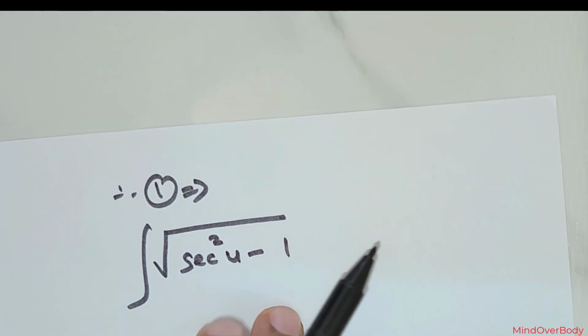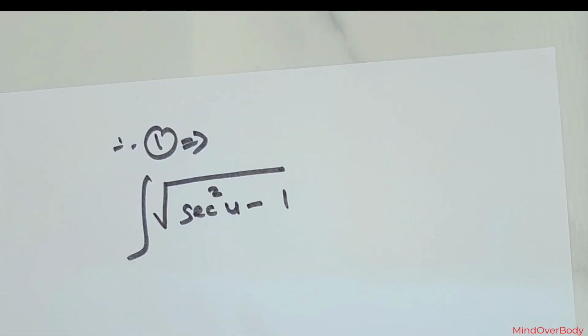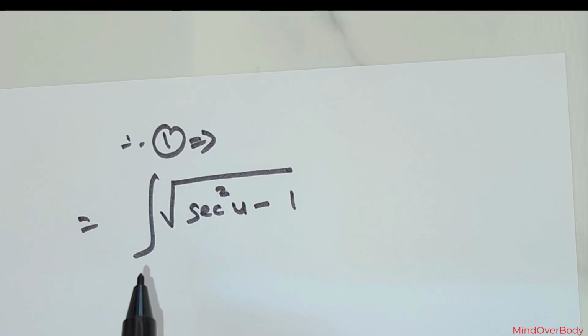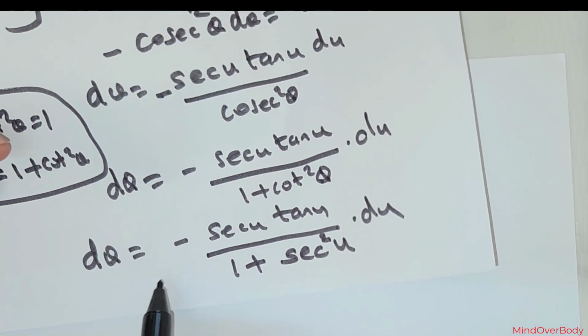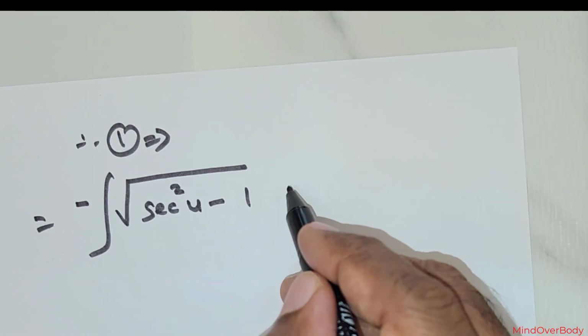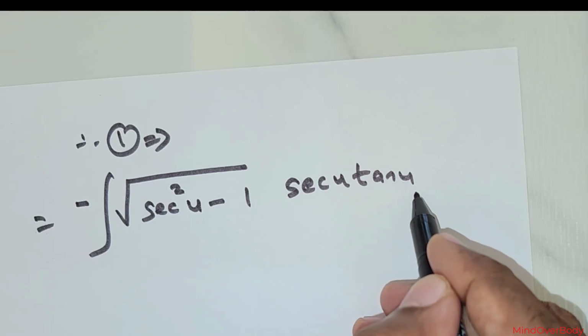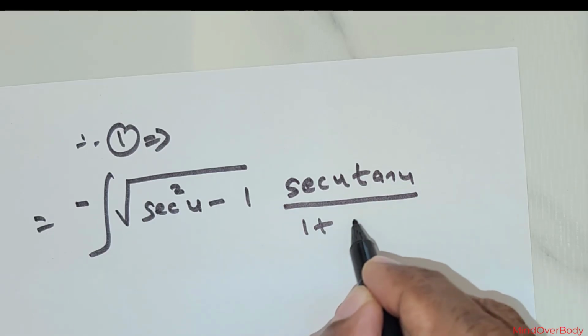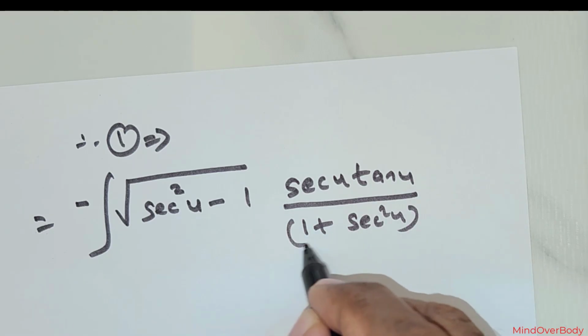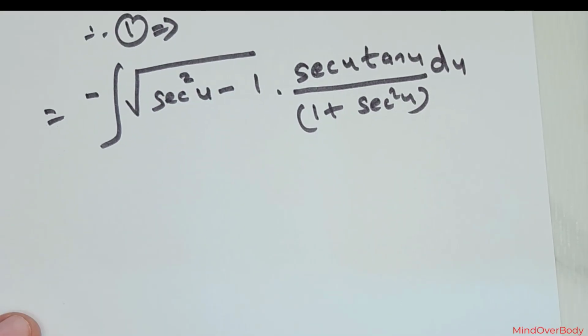Now in place of d theta we have got this entire thing, so place that entire thing. We got a negative sign here. So the negative sign will come in the front, multiplied with secant u tan u divided by 1 plus secant squared u times du. Now we got to integrate this.